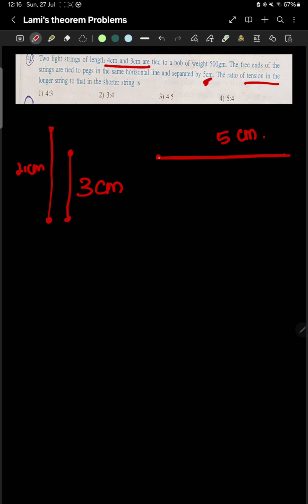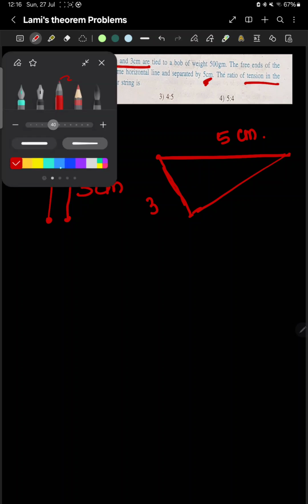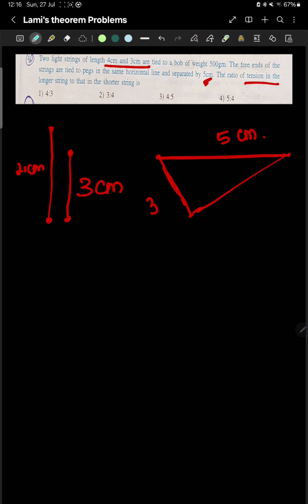From this end, let us consider I am having the shorter string, 3 centimeter on this side, and if I connect the 4 centimeter string, it will be like this. So you can see the angle between these two will obviously be 90 degree with each other.